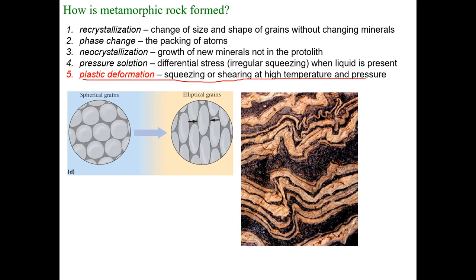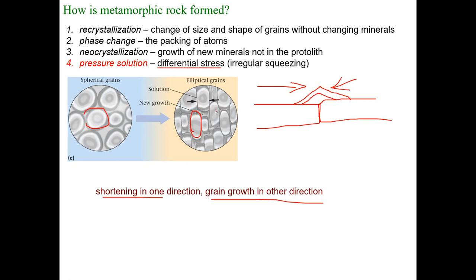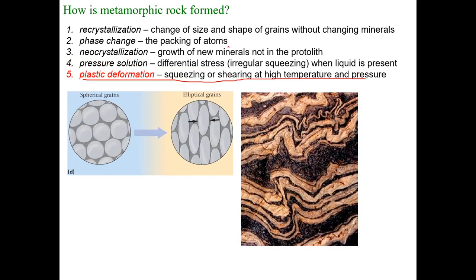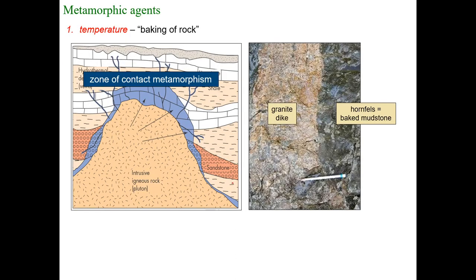So pressure solution is a little bit different because you'll get dissolution in one direction and you'll get grain growth in the other direction. This is actually plastic deformation, when it's actually being squeezed and again changing the shape when there's differential stress.